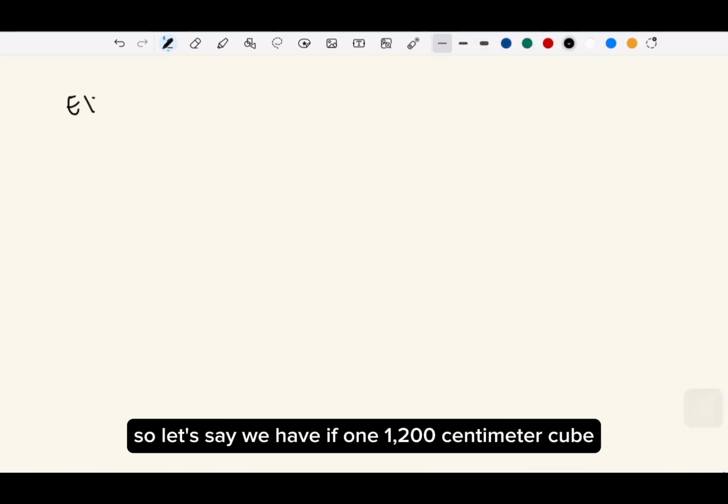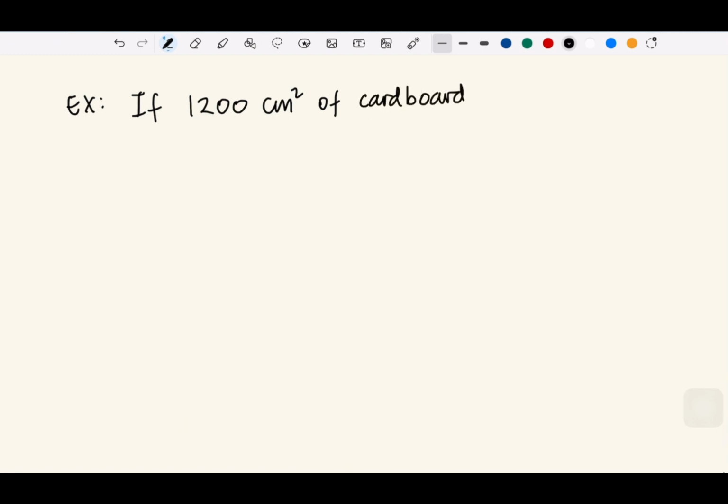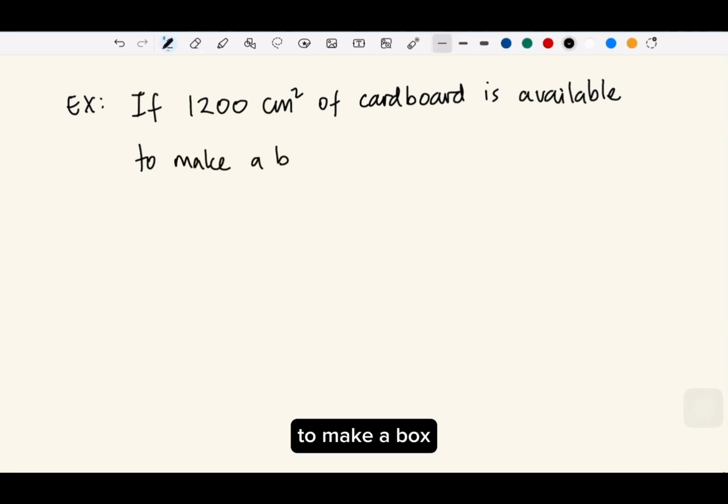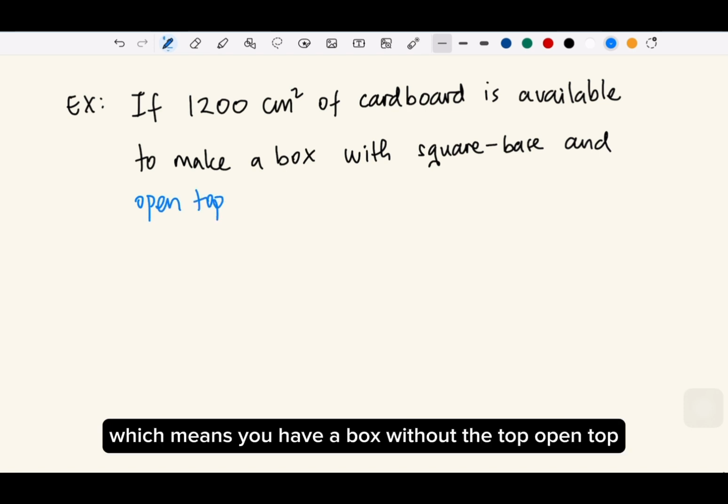So let's say we have 1,200 centimeters squared of cardboard available to make a box with a square base and open top, which means you have a box without the top.